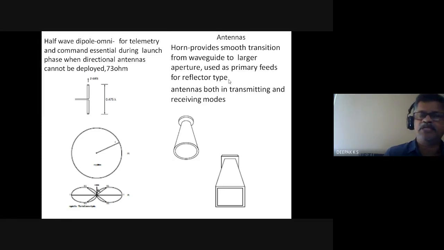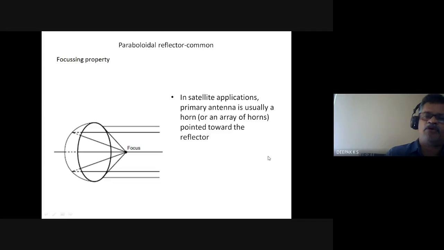If you imagine a paraboloid reflector, at the focus you may have a horn antenna. So there's a paraboloid reflector antenna, and at the focus you may have a primary antenna. In satellite applications, the primary antenna is usually a horn pointed towards the reflector. From the waveguide, the signals come to the horn, and then impinge on the reflector and are then transmitted.